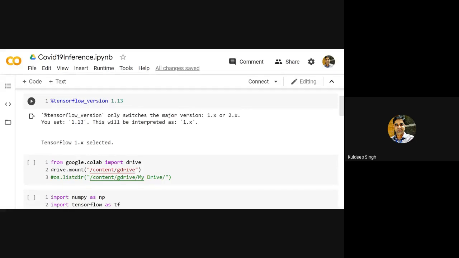We have curated different chest X-ray images from publicly available data sets for COVID-19 chest X-rays, and trained our own convolutional neural network. Once it is trained, I'm not able to show you the training part because it consumes a lot of time. It took us around 1 day of training that model. So once that is trained, I have saved it in my Google Drive.